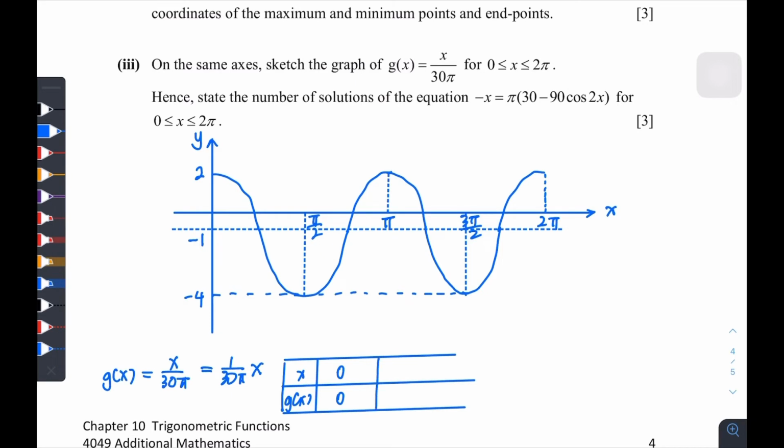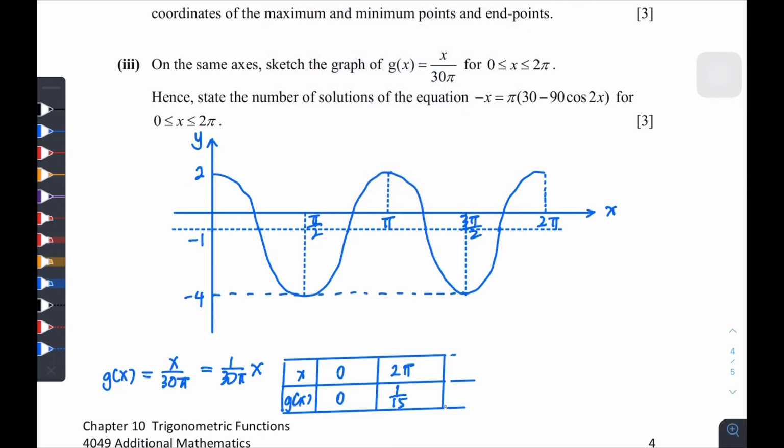When x is 2 pi, because I want to draw to the end, 1 over 30 times 2 pi will give me 1 over 15. These are my two values that I will use to plot and draw the graph.